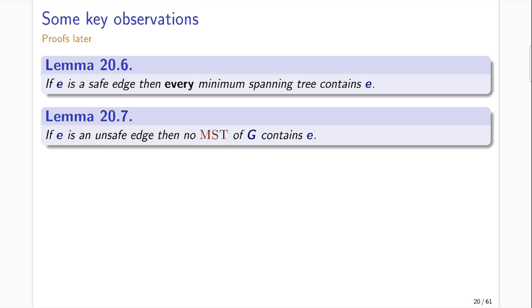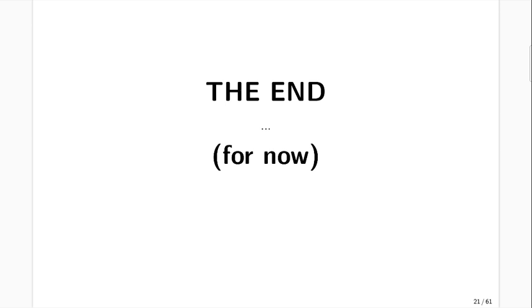And if an edge is unsafe, then it must not be in any MST of the graph, right? So safe edges are good, unsafe edges are bad. But it turns out that it's not only that; all the safe edges together just form the MST. And we will see later on why. We will prove these two claims later on, not immediately now.